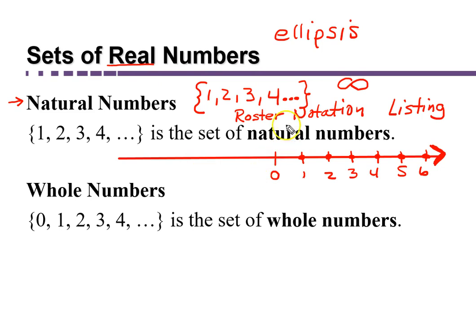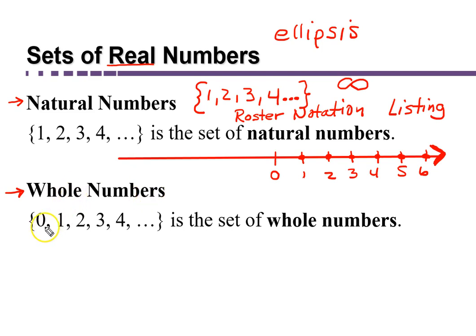So you have a number of items so far in your notes. Now, the next set of numbers, referred to as whole numbers. You want to write that down. Now, how do natural numbers differ from whole numbers?